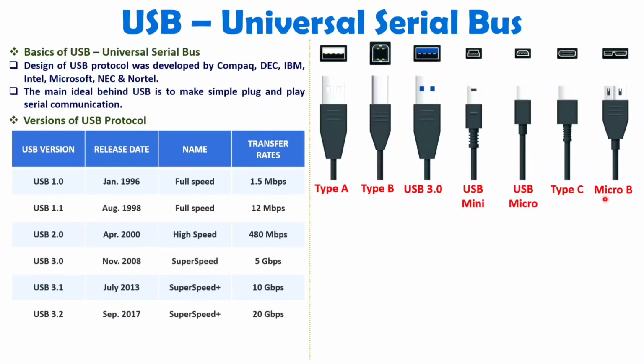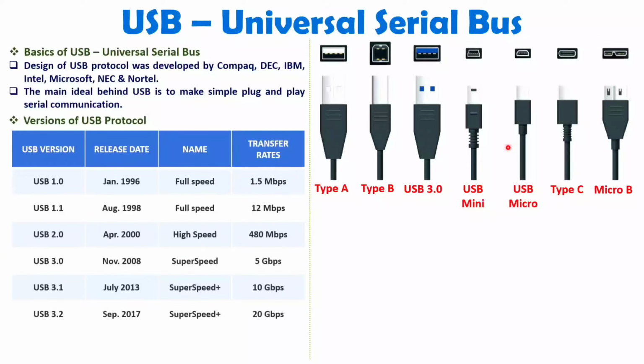This USB micro B connector has this type of dual slot, which is for power configuration, and we provide it with a hard disk. In a hard disk you need to have a power connection as well, that's why there is a dual slot here. So that is how different connectors are there.